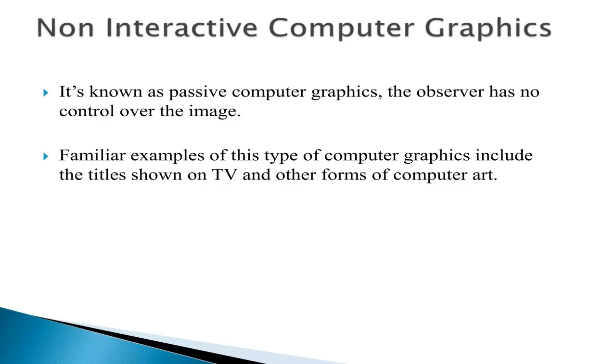In another scenario, as we said earlier, we can use a screensaver that individuals will not have access to manipulate. Another example is the title shown on television, which cannot be manipulated by individuals.